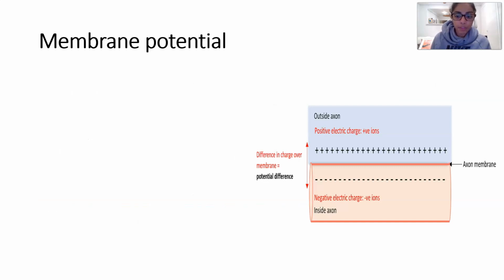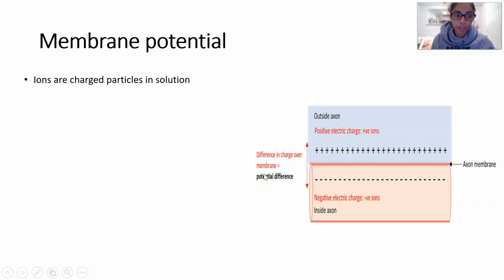So what does membrane potential have to do with the nerve axon? Well, if we look at this image of a nerve axon membrane, inside the nerve axon it is negative inside and positive on the outside.